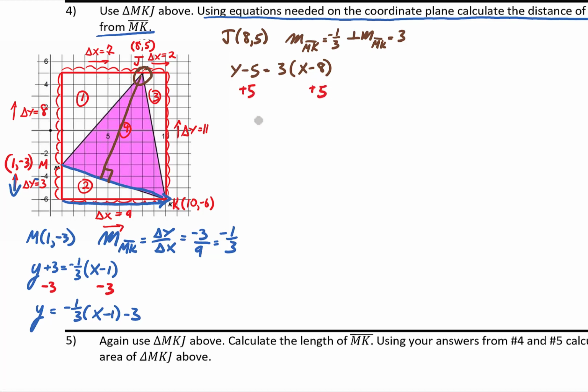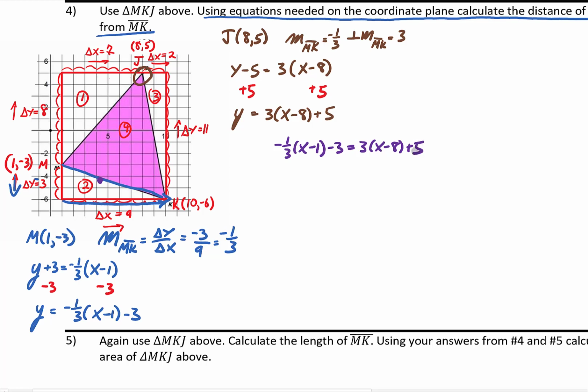And I'll get Y is equal to the product of 3 and the difference of X and 8, and add 5 to that. So what I want to do is, if I want to find where these lines intersect here, I have to set these equations equal to each other. So I'll get -1/3 X minus 1 minus 3 is equal to 3 times the difference of X minus 8, and add 5 to that.